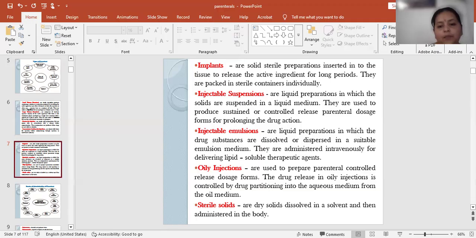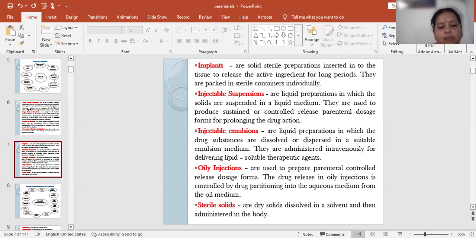And next, injectable emulsions. These are liquid preparations in which the drug substances are dissolved or dispersed in a suitable emulsion medium. These are lipid soluble therapeutic agents administered intravenously. And next, oily injections. These are used to prepare parenteral controlled release dosage forms. The drug release from the oily injection is controlled by the drug partitioning into the aqueous medium from the oil medium.